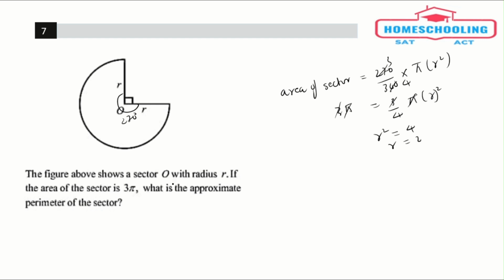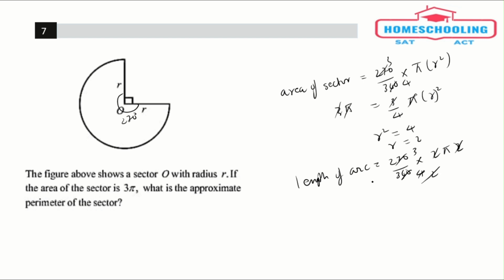Now what we have to do is, first we have to find the length of this arc plus 2r. So first, length of the arc is theta by 360, so 270 by 360 into 2 pi r, and r is also 2.